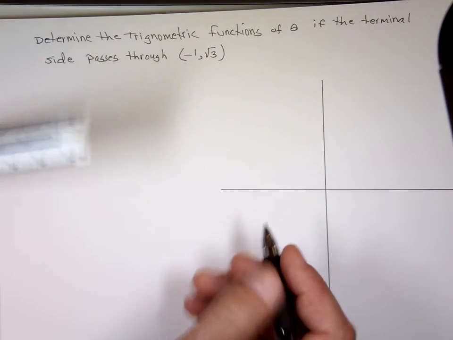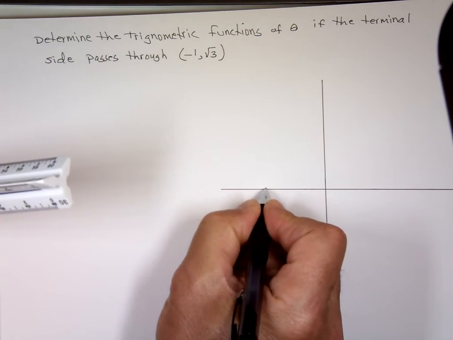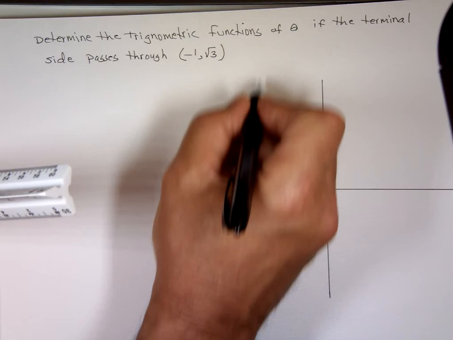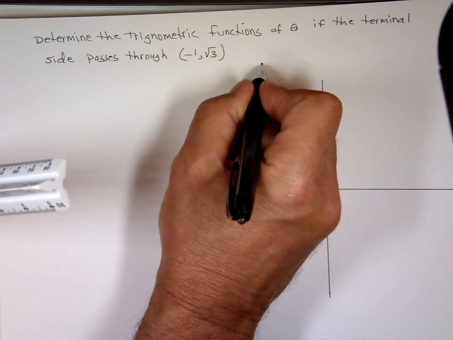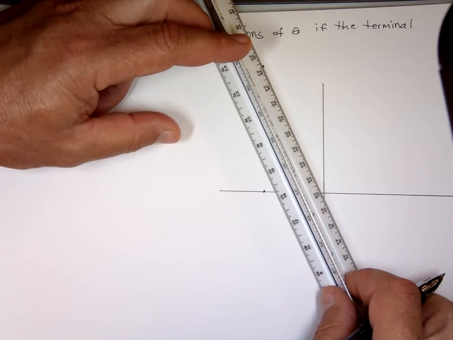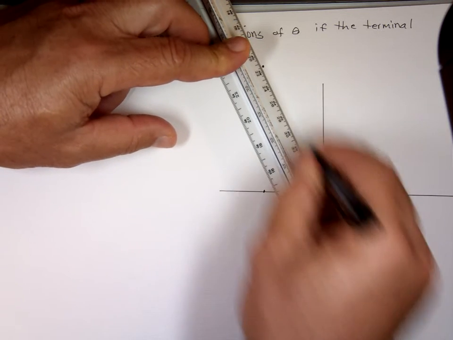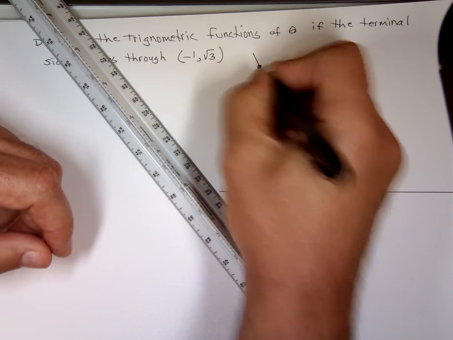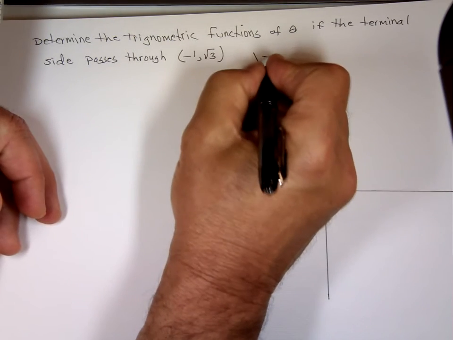So this is -1 right here. Go 1 to the left, and 1.7, that's what square root of 3 is, somewhere there. The terminal side is right here. So this point here is -1 comma the square root of 3.